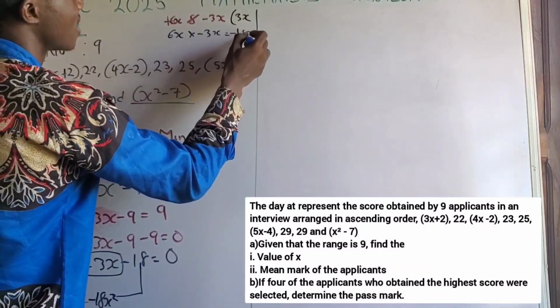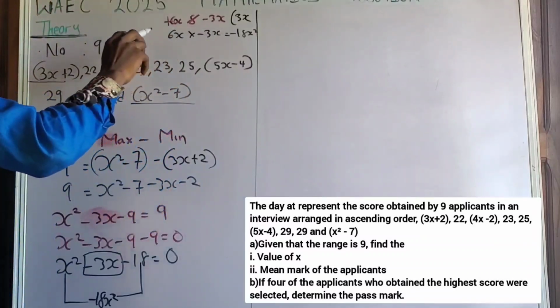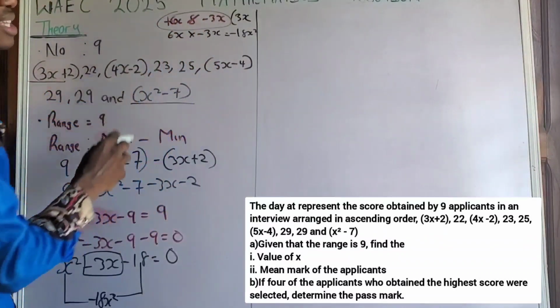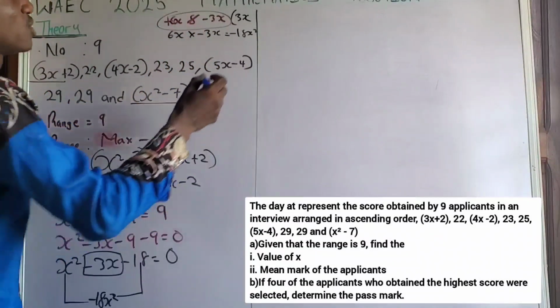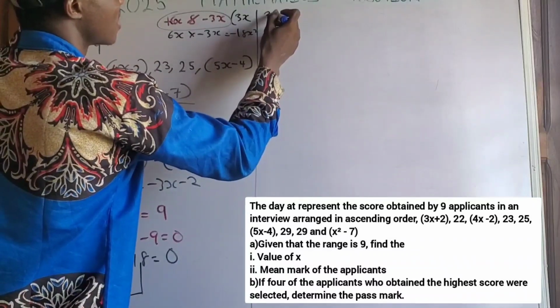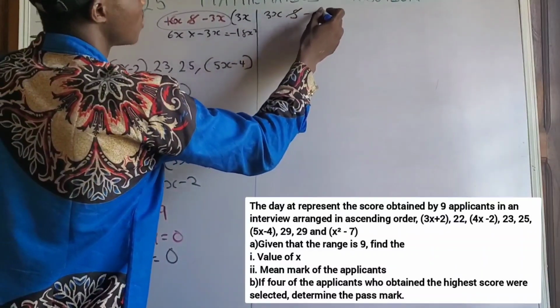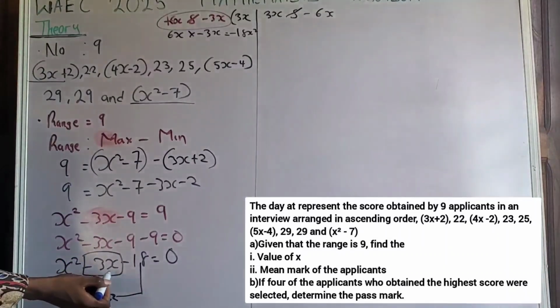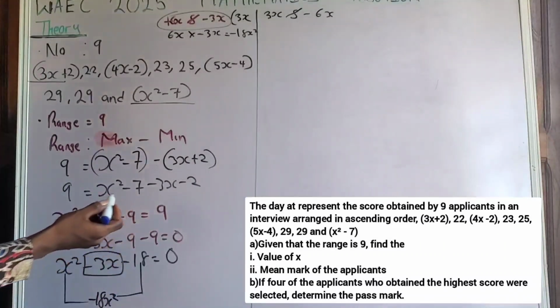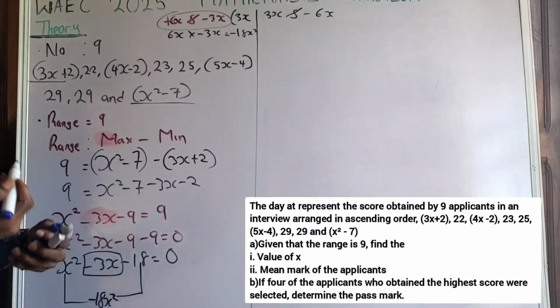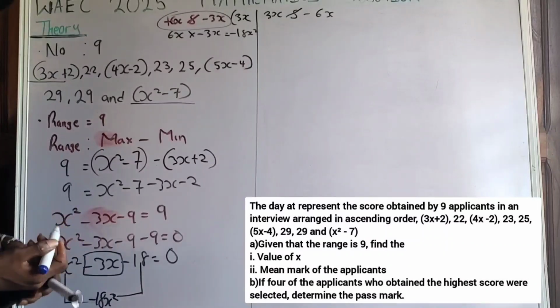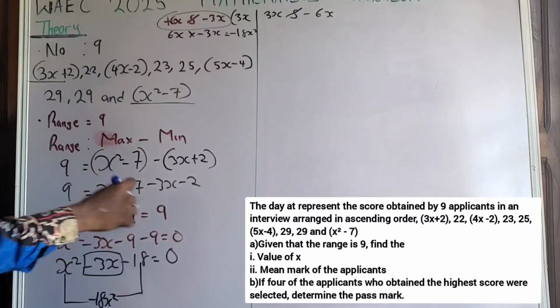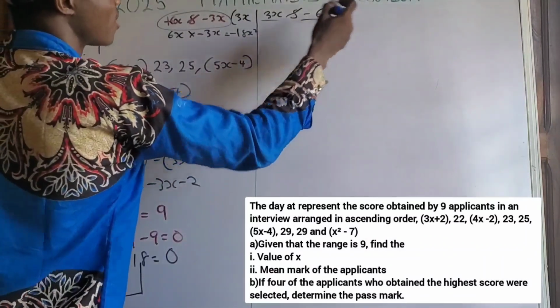Minus 18x squared. So we cannot use this. Let us interchange the signs. Let's use 3x and minus 6x. Okay, 3x minus 6x will give us minus 3x, right? Yes. And 3x times minus 6x will give us what? Minus 18x squared. So the right numbers we need are 3x and minus 6x.